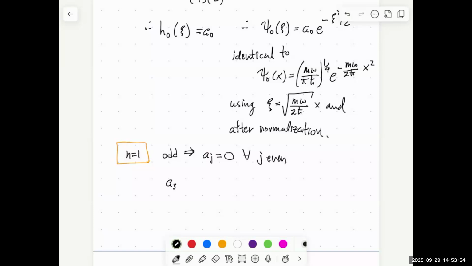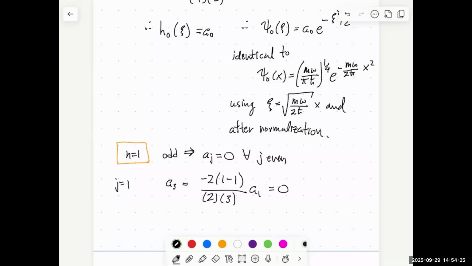I don't know what it is. But if I found it, I could find a3 is -2, so we're going to have to do j equals 1. Oh, but n equals 1 and j equals 1, so we get 1 minus 1 in the numerator. It doesn't really matter what the denominator is, but it's 2 times 3, a1, and that's 0. So then a5 is 0, a7 is 0, a9 is 0, and so on.